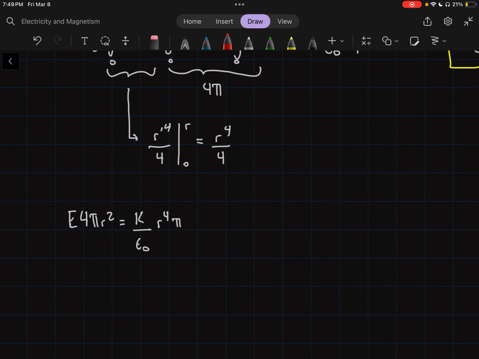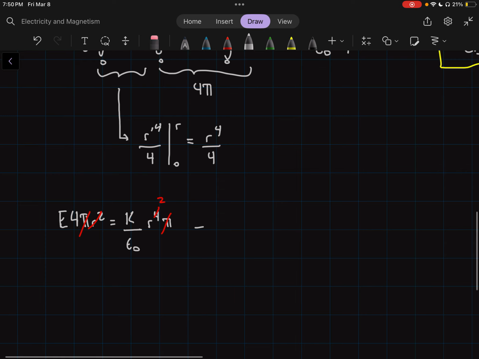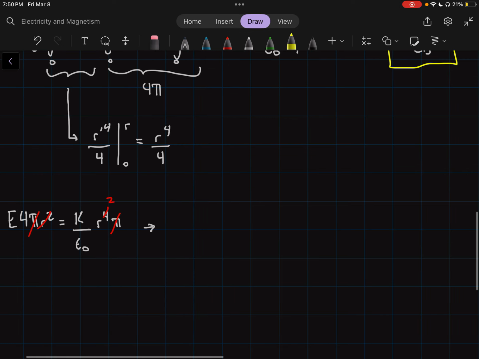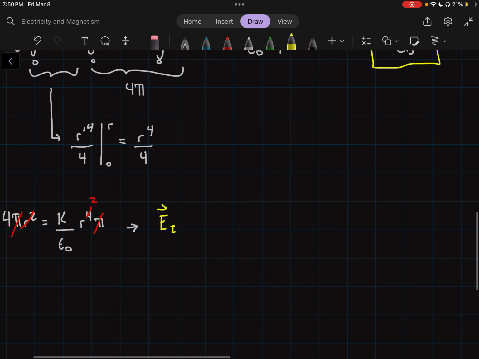So then we can start just canceling things out. That'll go away. That'll go away. That'll go away. This will become a 2. And what we will be left with is that our electric field in region 1 is equal to k over 4 epsilon naught r squared, and it's in the r hat direction.